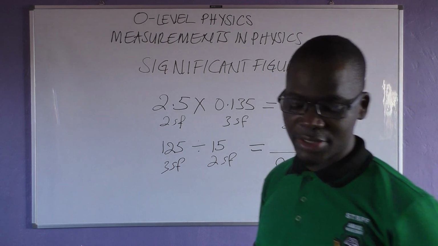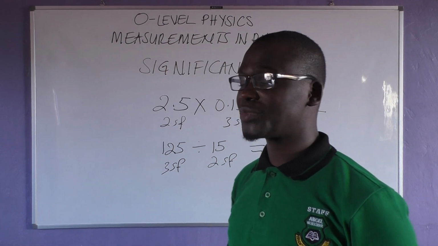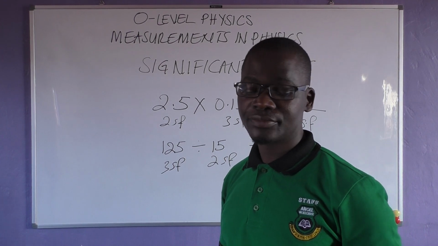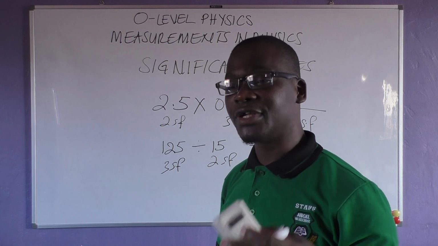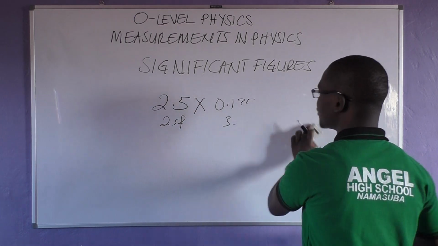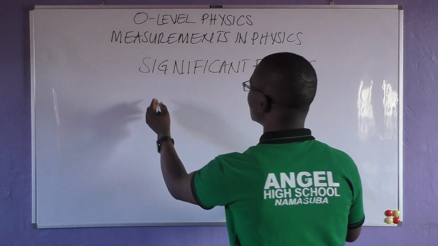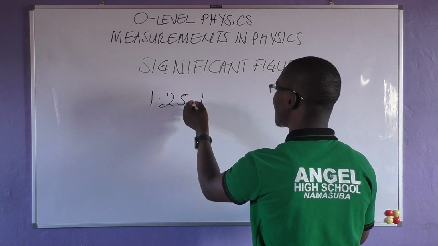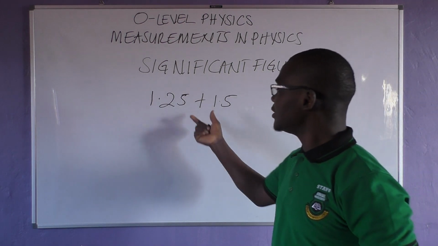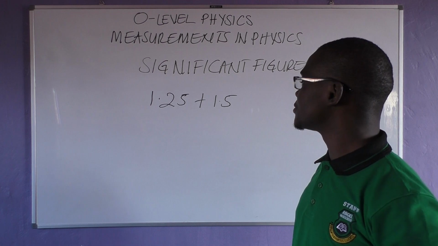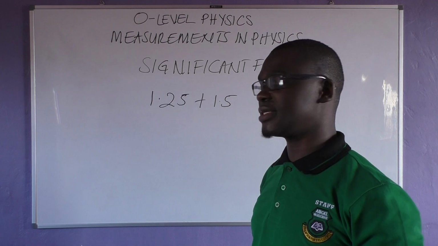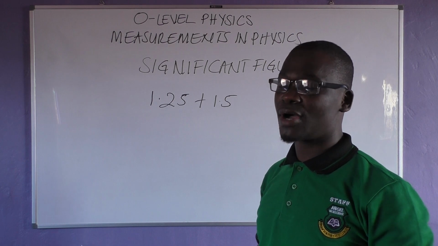Then for addition and subtraction, we don't consider significant figures, but we shall consider the number of decimal places. For instance, if we have 1.25 plus 1.5, when working out the additions, we shall consider the number of decimal places of the values you are adding.